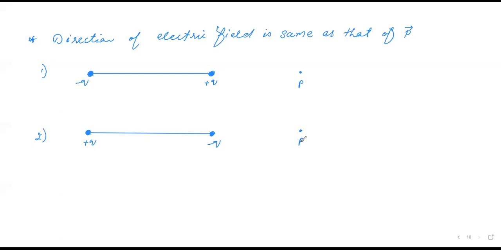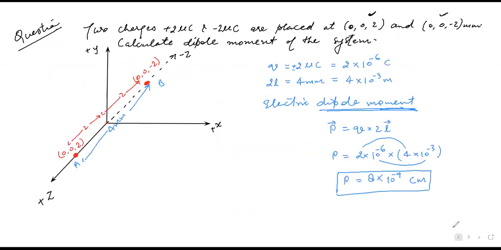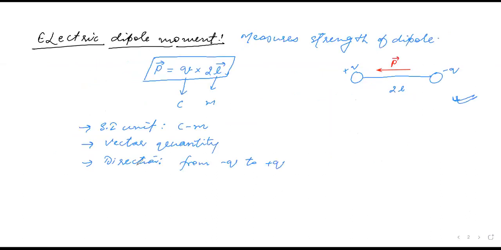Remember that from the previous slide, we have already studied that the direction of the dipole is from minus Q to the plus Q charge. Do you remember this point?